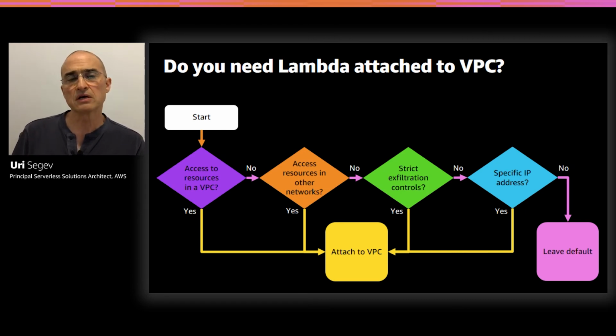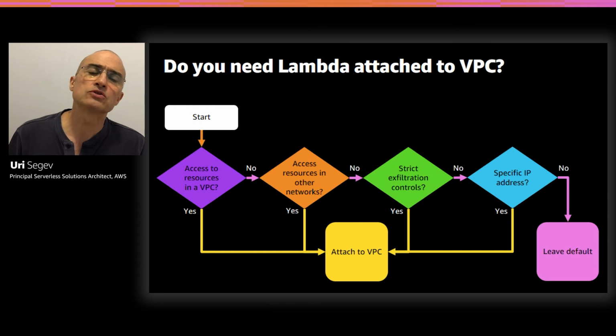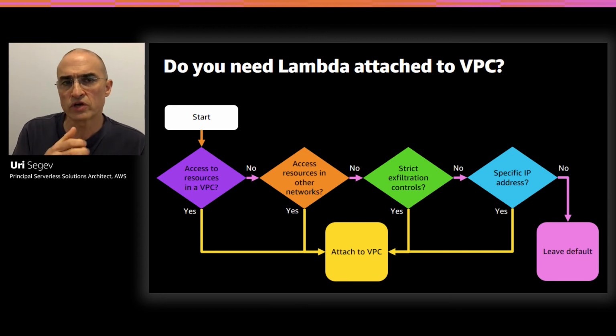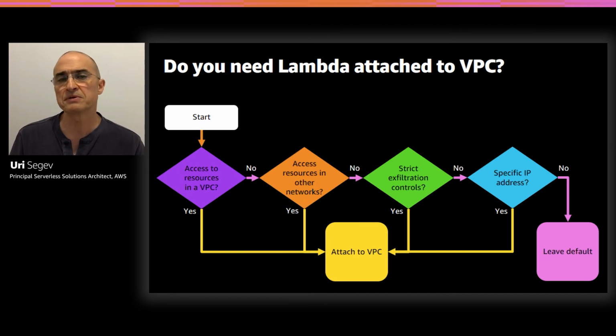And the last reason is if all the traffic that originates from your Lambda function must come from a pre-configured IP address. For instance, you need to penetrate through a firewall and you need to configure the allow list in that firewall, then you need to know where the traffic is coming from. You need to know the IP address.